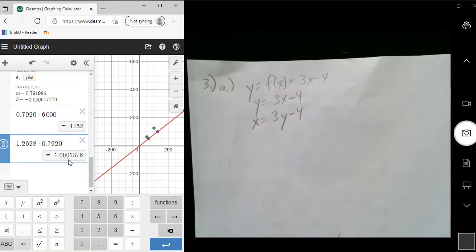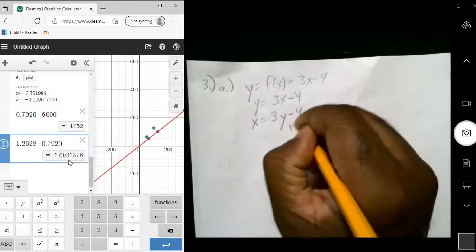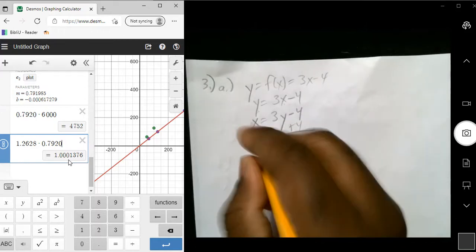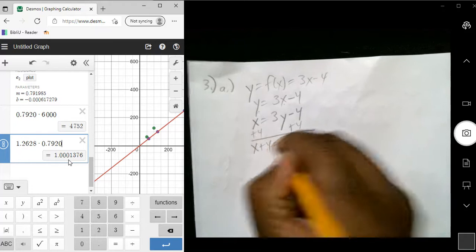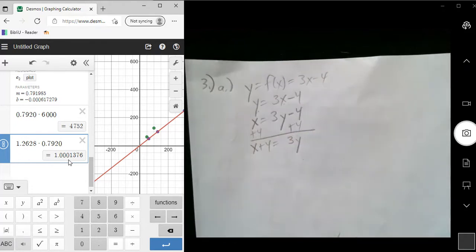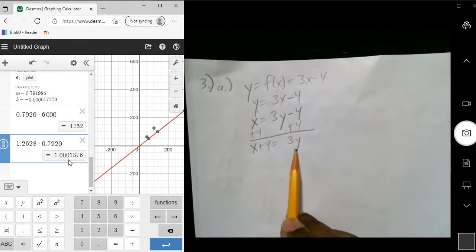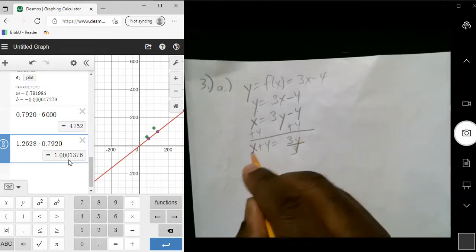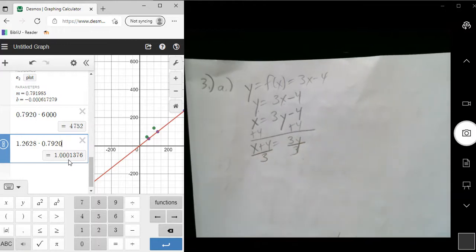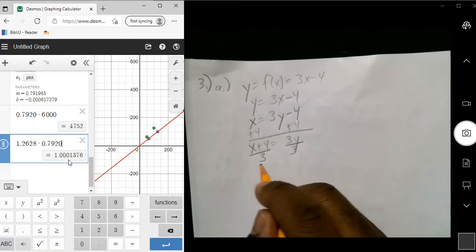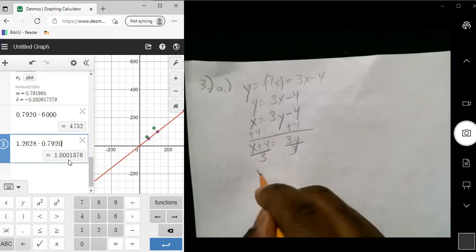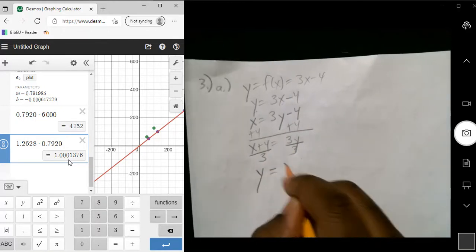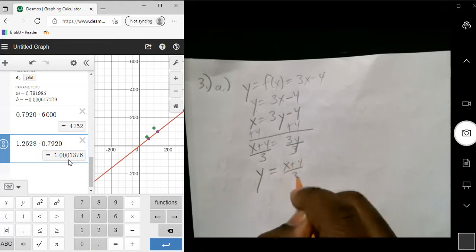Now, we're going to solve this for y. So we would add 4 on both sides. So it'd be x plus 4 is equal to 3y. So now we got to get rid of this 3 off of the y. So we could divide each side by 3. And you will have y, I just turned this around, is equal to x plus 4 over 3.